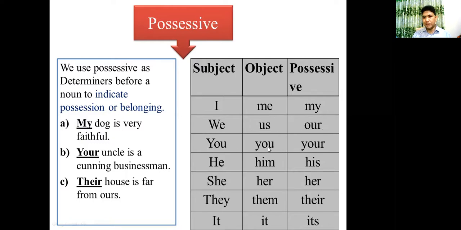You, your. He, him, his. She, her, her. They, them, their. It, its. So these possessive forms are very important. You have to know the subjective form, objective form, and possessive form.